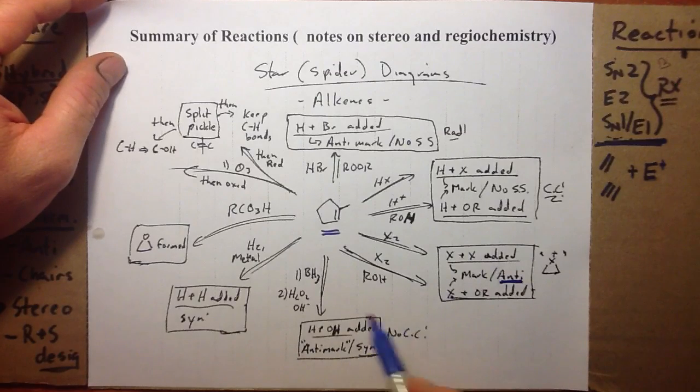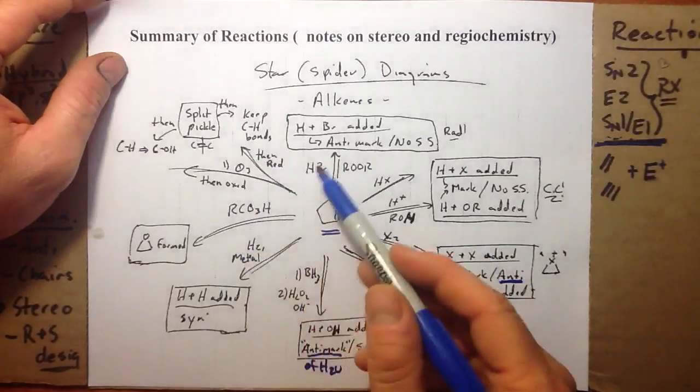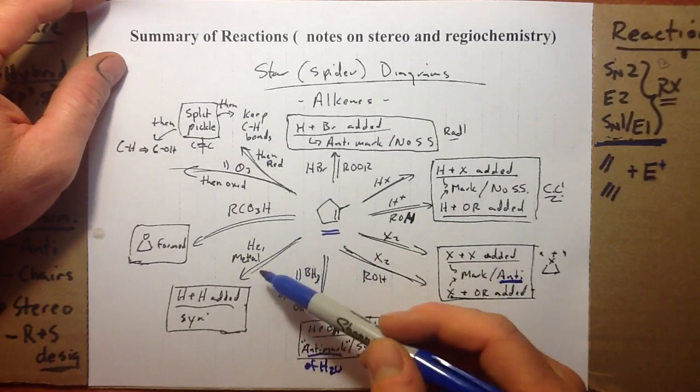We do the same sort of notes for BH3 and our hydroboration oxidation. It's anti-Markovnikov addition of water, and it's syn addition, stereochemically. Regiochemical note, stereochemical note. Now, I've gone on around the circle here with other notes for reduction.